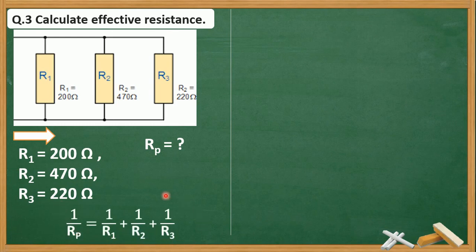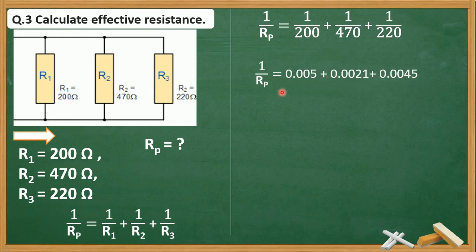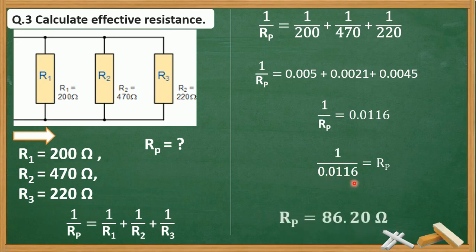Put the values. We have put the values in this equation. Calculate. So reciprocal of Rp comes out as this value. So Rp is equal to 1 upon 0.0116, and this is Rp is equal to 86.20 ohm.